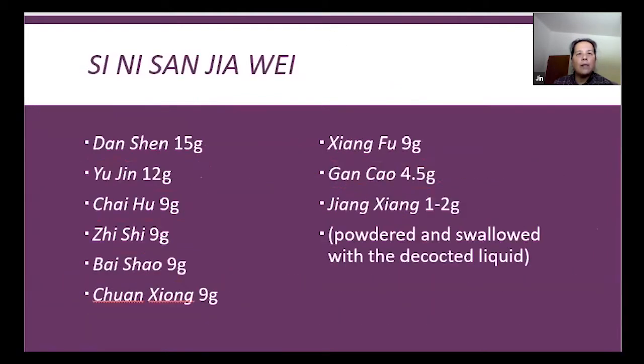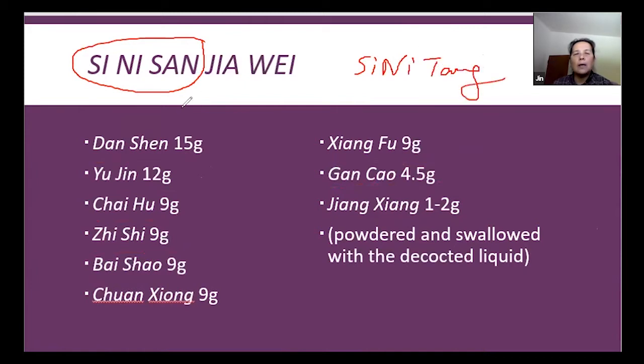And I think we talked about this one time before. Don't confuse 四逆散 and 四逆汤. 散 and 汤 are totally different, with different ingredients inside. 四逆汤 is a warming herb formula for cold conditions, for internal cold conditions.